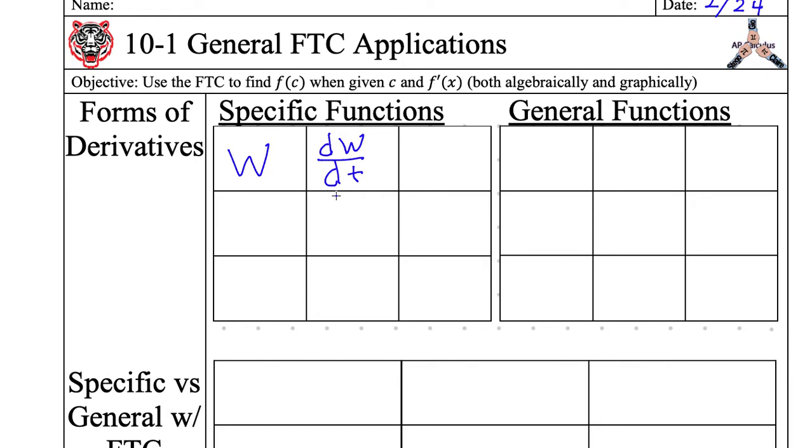And if I take the derivative again, what is the second derivative of W in terms of this Leibniz notation? d squared W over dt squared. Yeah. So the square goes on the outside, then the inside, then outside.